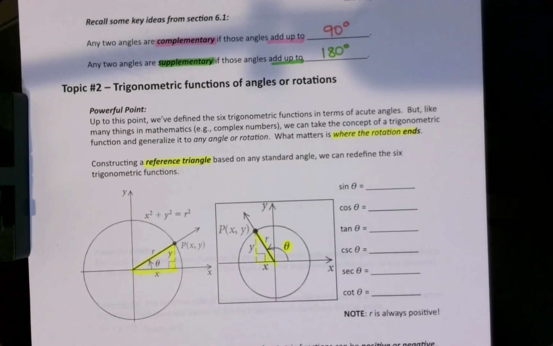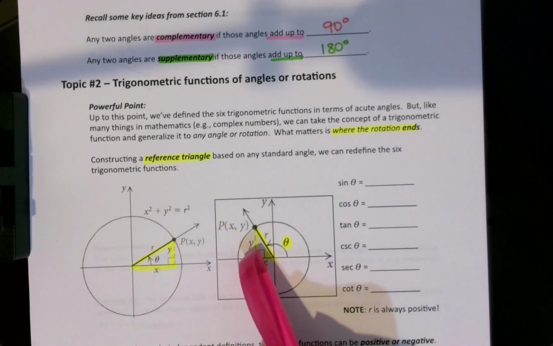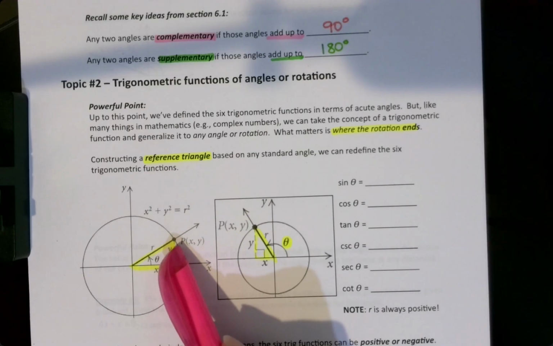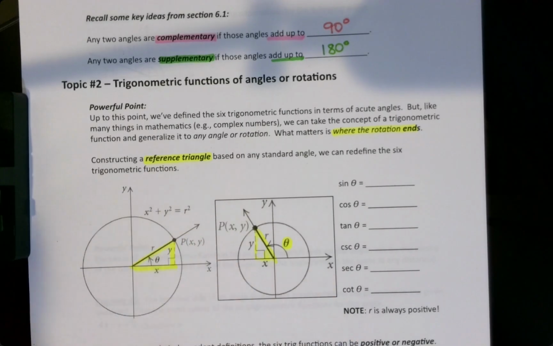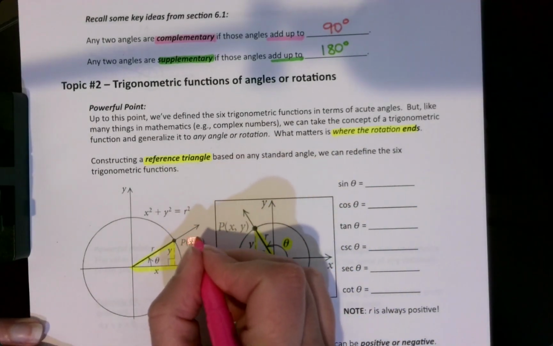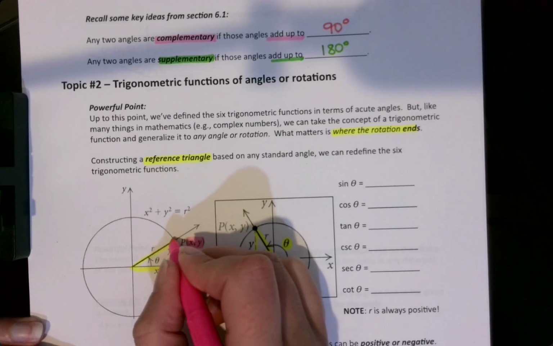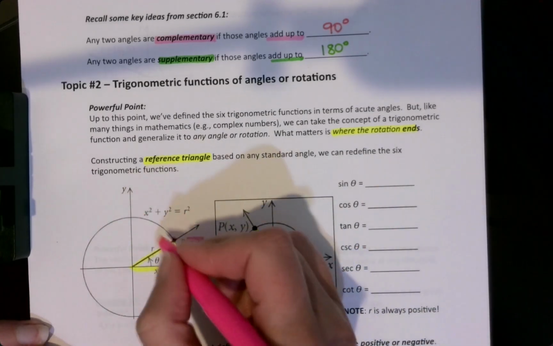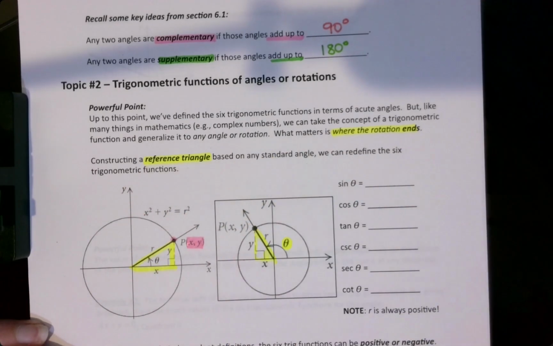Another key point right here in these diagrams is we have been talking about our angle and our triangle in terms of the side opposite, the side adjacent, and the side hypotenuse. This has been reformatted right here to think about these in terms of the ordered pair, where I end the arc right here, and we're just ending the arc on some circle.